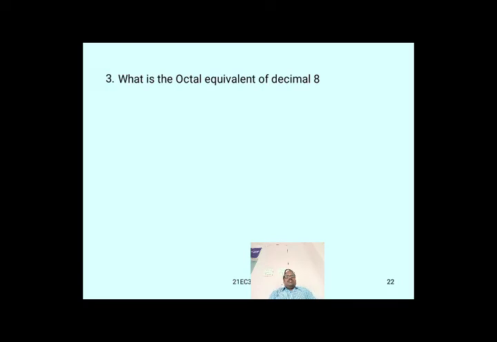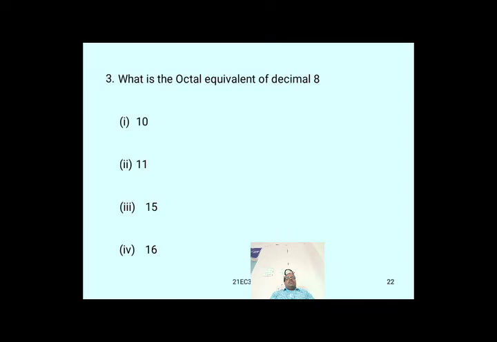Third one, what is the octal equivalent of decimal 8? Here we want to perform the conversion. Already you know the conversion: 8 can be divided by 8. 8 ones are 8, the quotient is 1 and the remainder is 0.